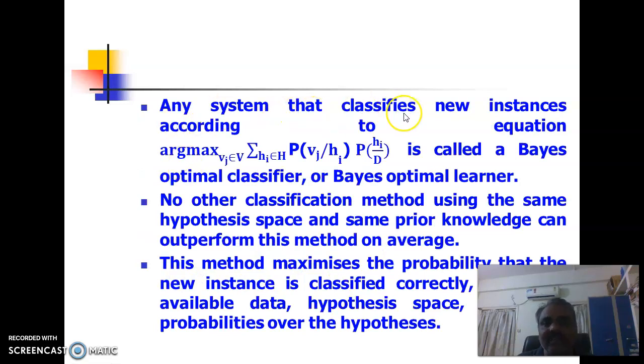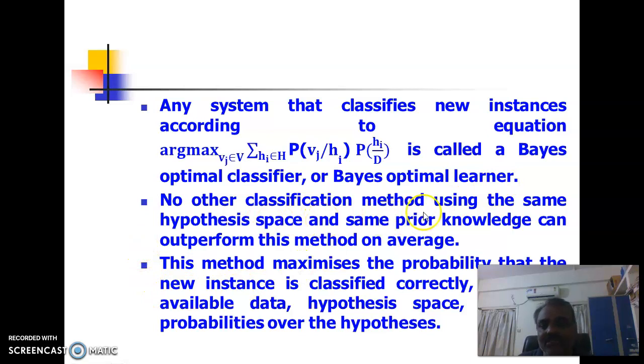Any system that classifies new instances according to the above equation, that is argmax over Vj, an element of capital V, of the sum over Hi an element of capital H of P of Vj given Hi into P of Hi given D, is called a Bayes optimal classifier or Bayes optimal learner.